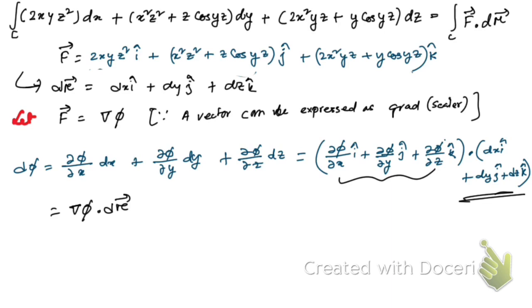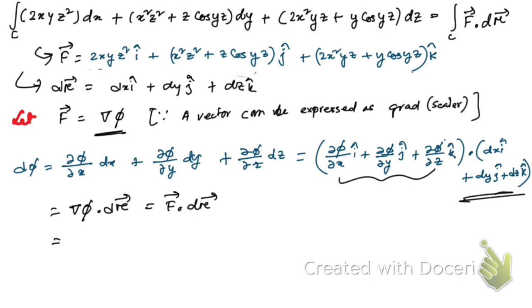Now you see, as we have considered that this F is equal to grad phi, we can replace this del phi by this, right? So we can write this as F dot dr. So instead of F dot dr, what can you write?